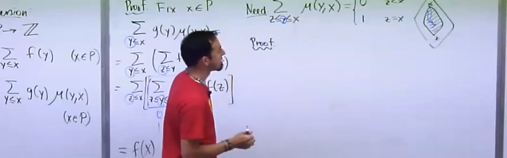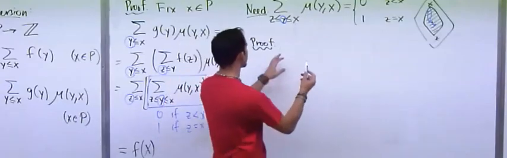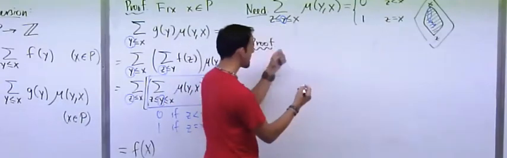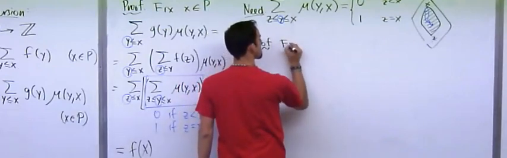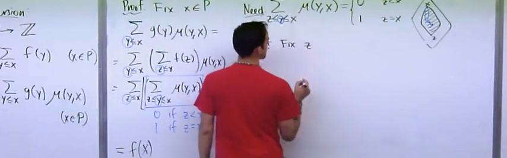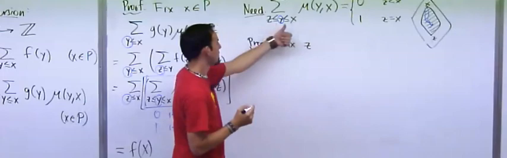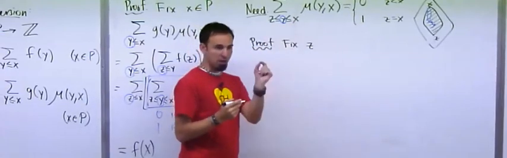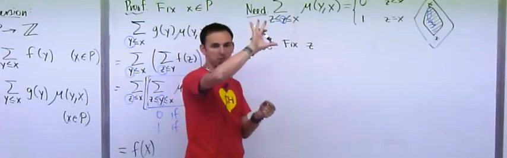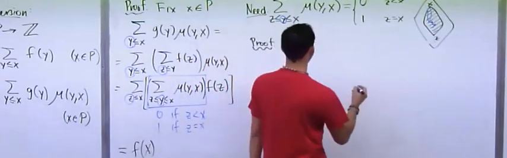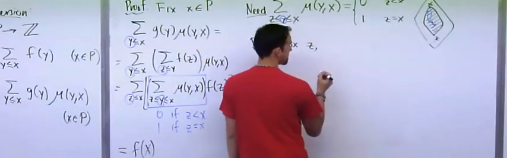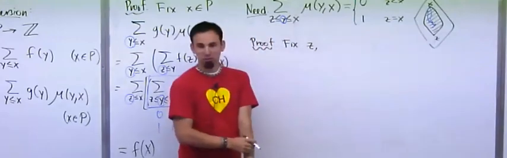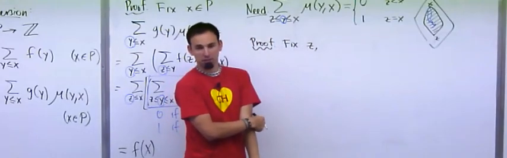Okay? So what I'm going to do is this. Let's fix z. I mean, this is a statement about z and x. So let me fix z, and now I have to prove it for all the x's that are above z. And what I'm going to do is something that you might call poset induction.